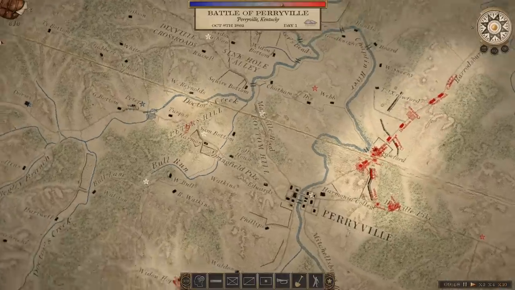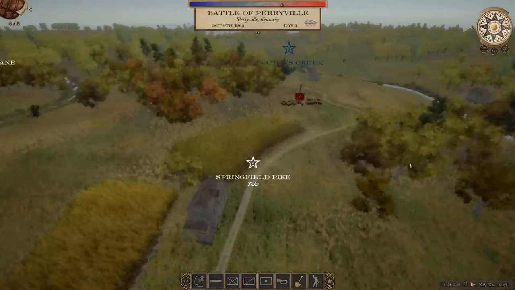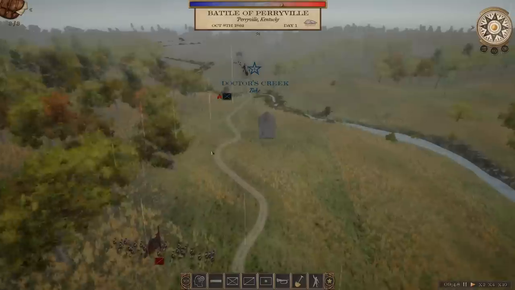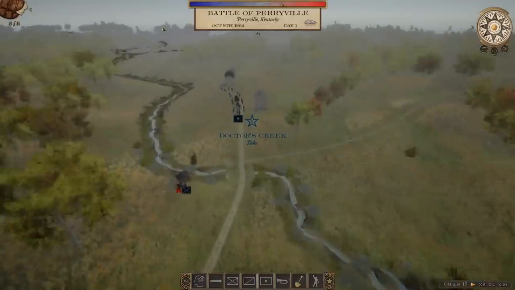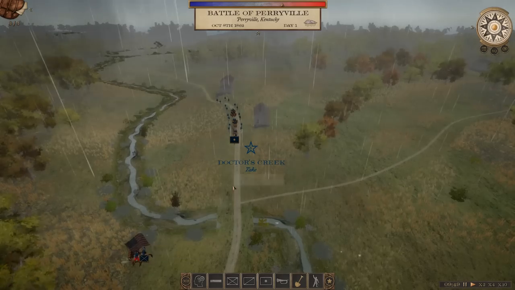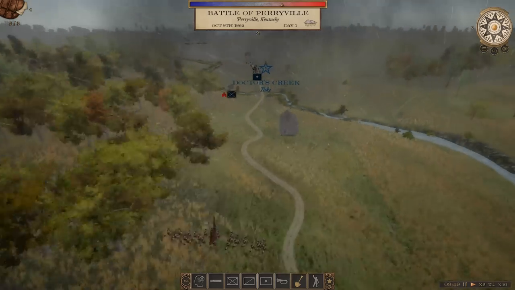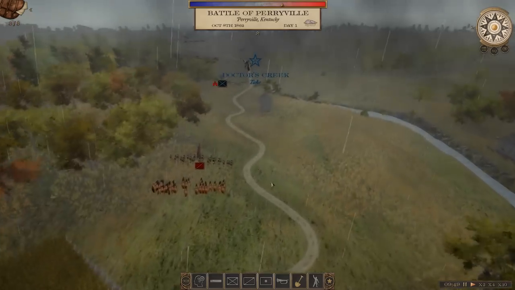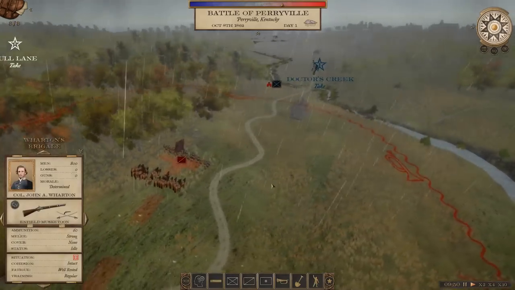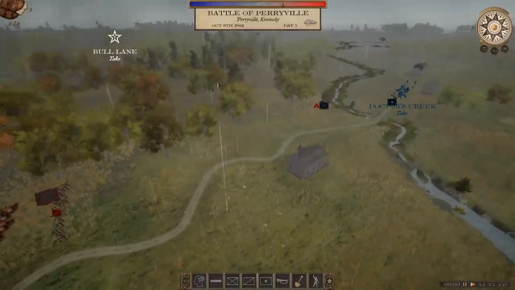Okay, it looks like Wharton has the first contact with enemies. It looks like some headquarters unit and artillery moving on the Springfield Pike. So good thing to have the cavalry here overwatching the situation.